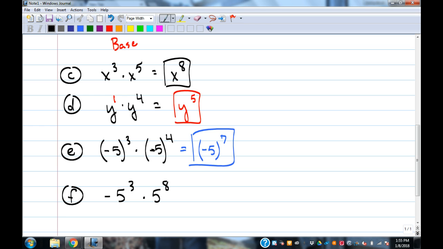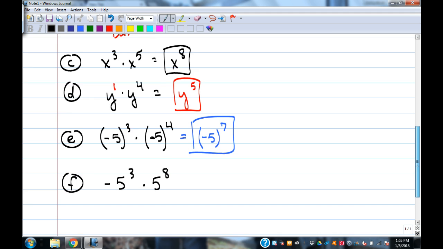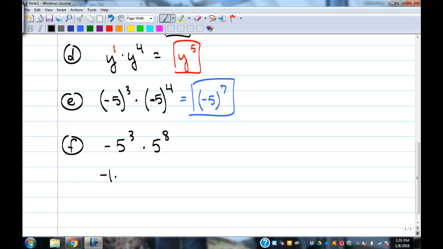In order of operations, exponents come right after parentheses, okay? And the exponent is on the 5, not the negative. This problem is really -1 times 5 to the 3rd times 5 to the 8th. That's really what this turns into.